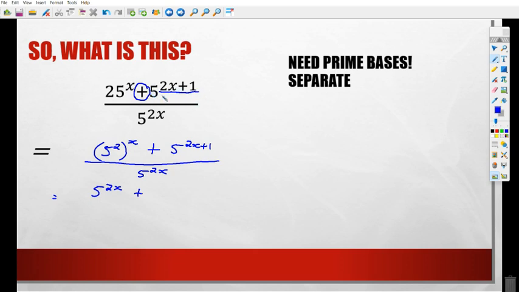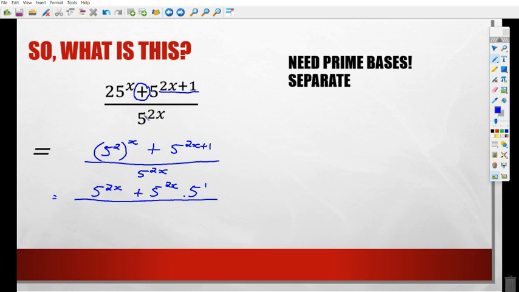In this exponent here, I've got two terms, so I'm going to separate. How do I separate it? We've already done examples like this on the next page. I've got 5 to the 2x multiplied by 5 to the 1. So I'm going to separate it. You're going to see now why I'm separating it. I'll show you now.